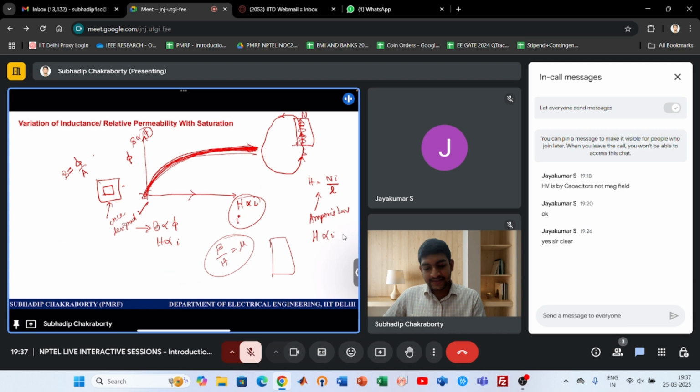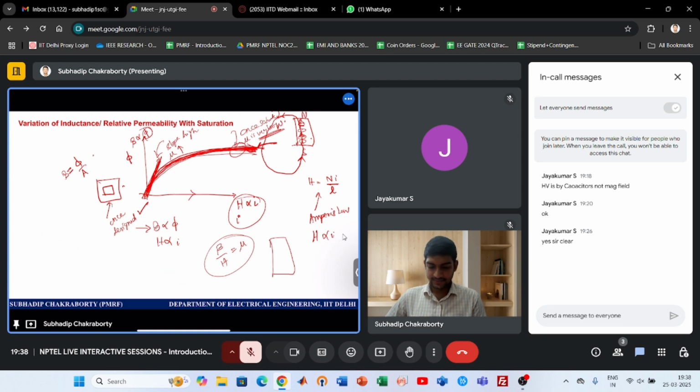For the same magnetic material, which was initially behaving as a very good magnetic material because its slope, mu, was high, once saturated it behaves like a simple air gap because mu is very low, or I can say the slope is almost zero. So it is behaving like an air gap, or close to an air gap, right?